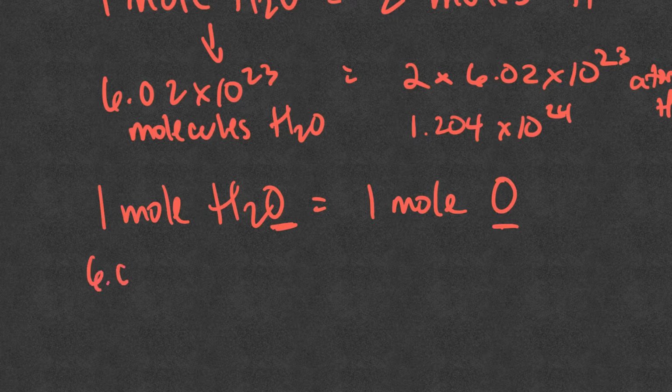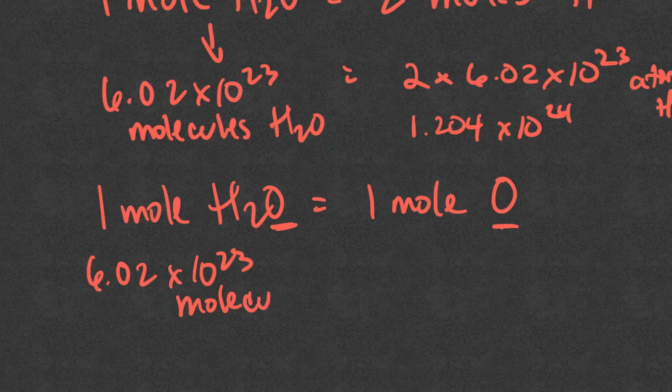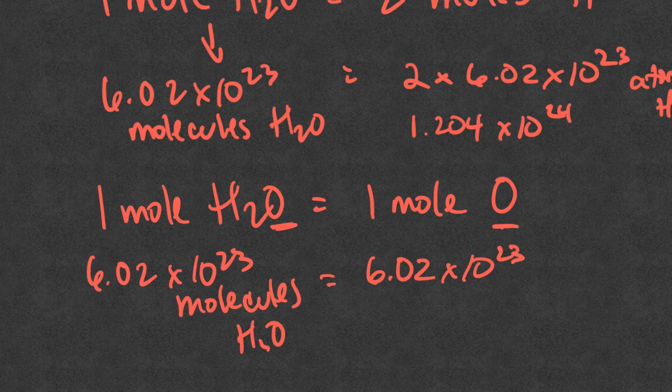So you have 6.02 times 10 to the 23rd molecules of H2O for every mole, and you also have 6.02 times 10 to the 23rd atoms of O. That way you can see and understand the relationship between molecules, compounds, and the elements that make up the compounds themselves.